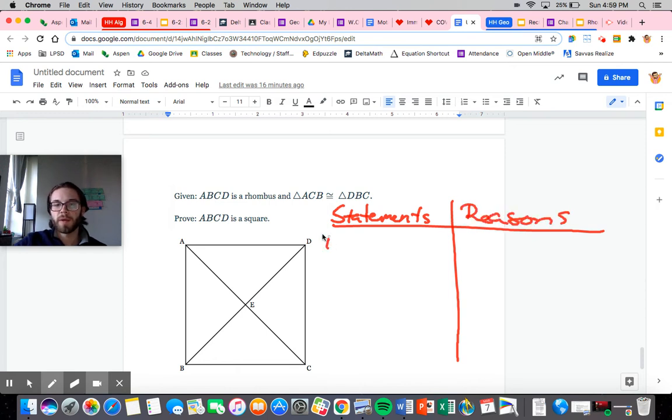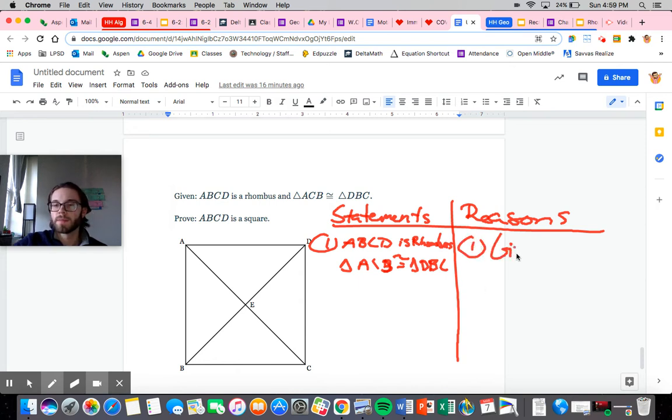All right, again, we use everything that we are given. We have ABCD is a rhombus. That is part 1 of square, right? Now I need to show it's a rectangle. That's what that tells me. Now I have these congruent triangles. Whenever you have congruent triangles, I'm going to tell you right now, you're going to be using CPCTC. Okay?